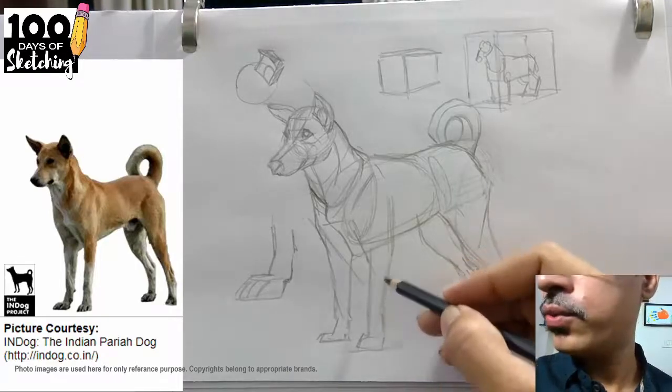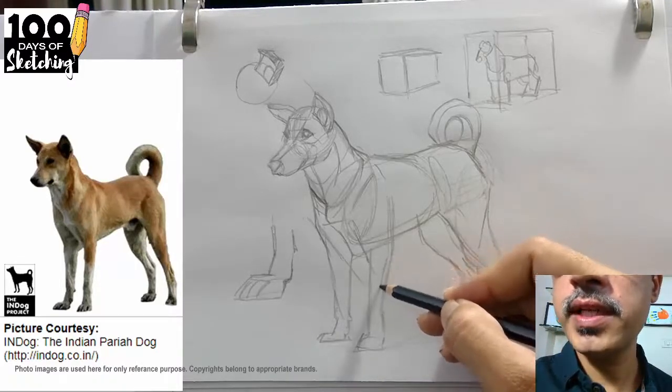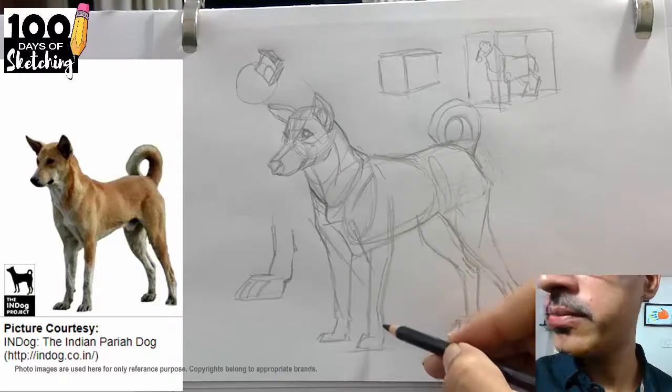I try to see as many details as I can. This is the dimension, and now I'm seeing here.